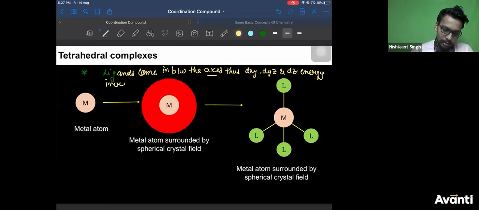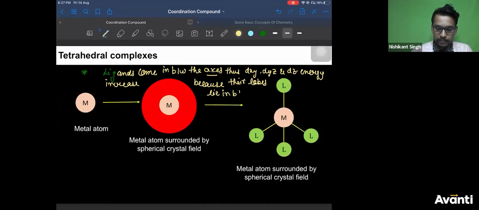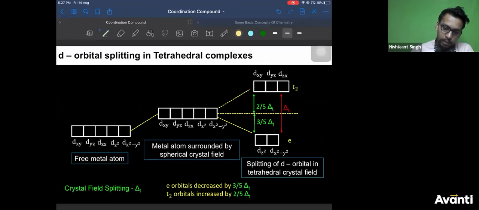Energy increases because their lobes lie in between the axis. Just the reverse of octahedral. Whatever you have done in octahedral, it's a reverse of that. Okay? So if you see the CFSE diagram also, what do you observe here?